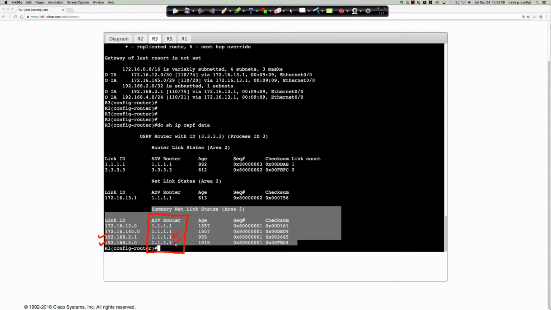Who's the advertising router? Why doesn't it say router 4 or router 5? I think the 2.1 is router 5. But again, all of these advertising router statements have been changed to router 1's OSPF router ID. And so these summaries, again, are not summarization in terms of IP address summarization, where we're trying to consolidate the routing table, but summarization in terms of the database information out of area 0.